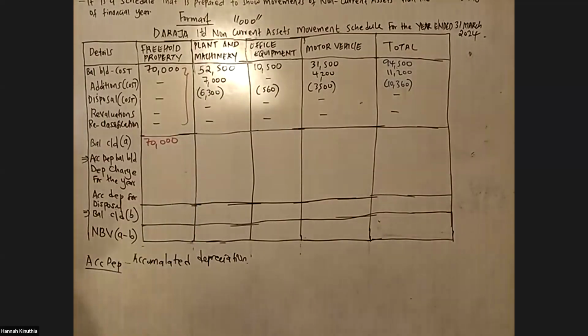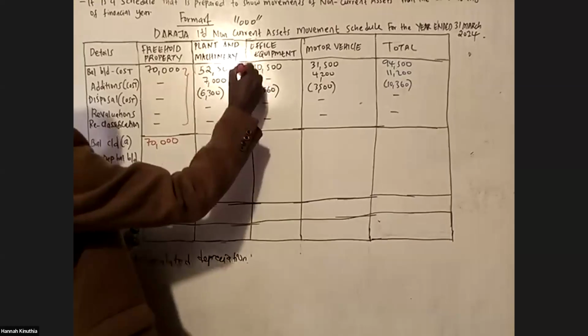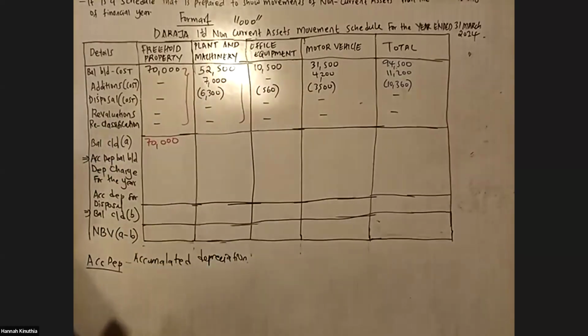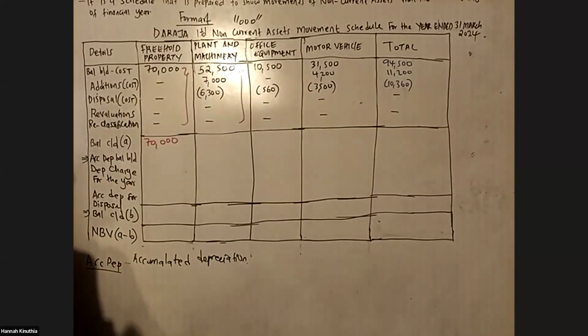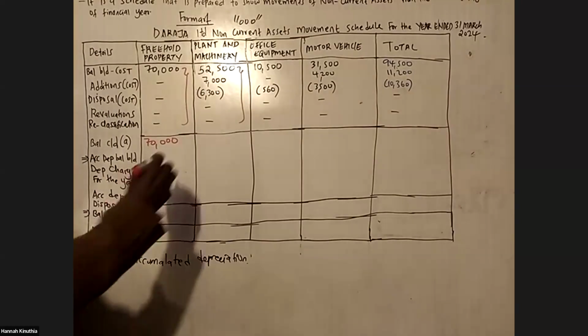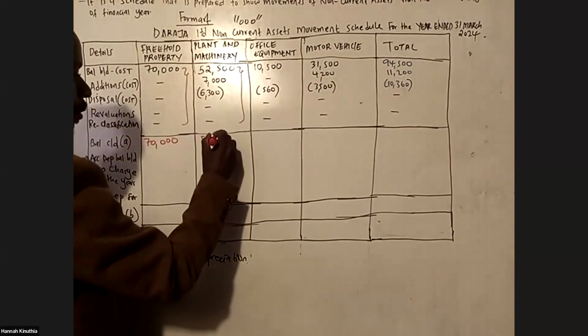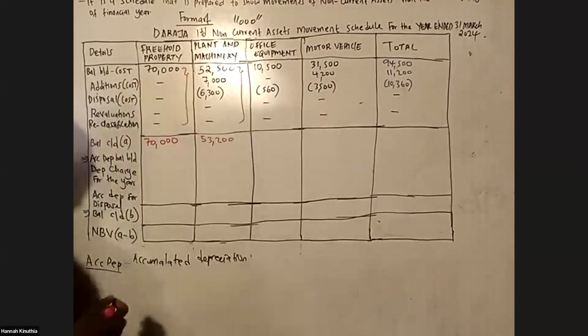What about this one? 52,500 plus 7,000 minus 6,300. What is the value? Changamke haraka jamini. 53,200.